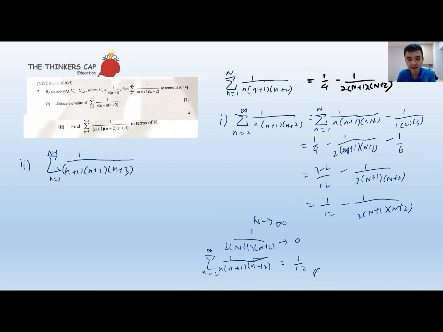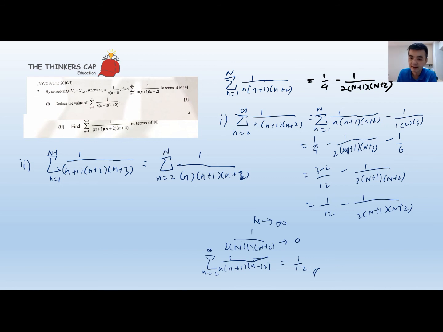So if this moves backward by 1, n plus 2 becomes n plus 1, and n plus 3 will become n plus 2. My starting term will move forward by 1, so my n will become 2, and my n minus 1 will become n.